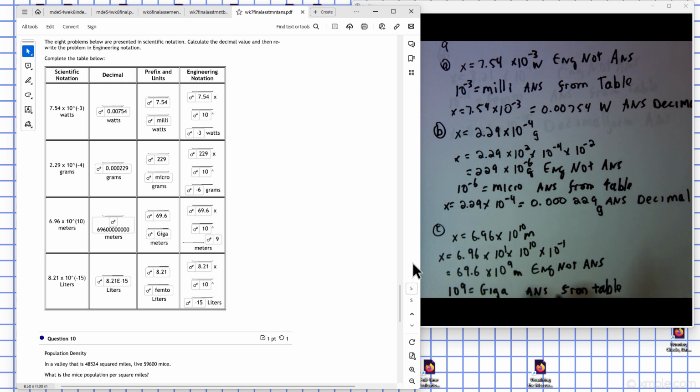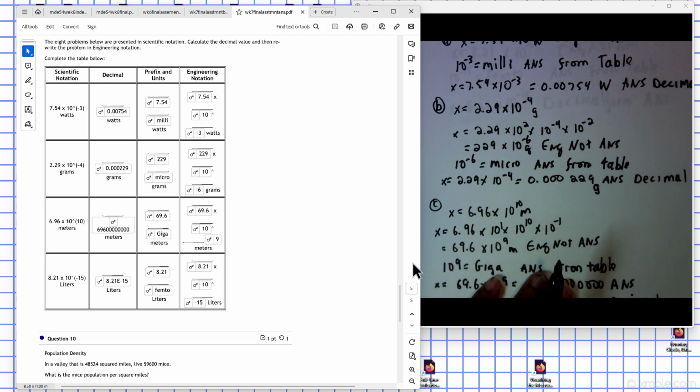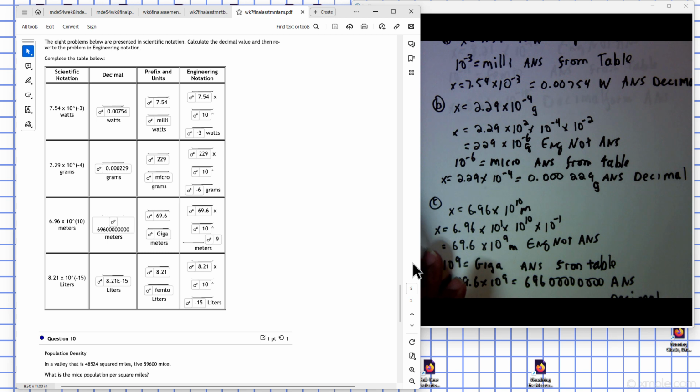And for part C, I put it in engineering form. So I take that down 1 to the 10 to the 9. So I have a -1 there, and I have a +1 here.